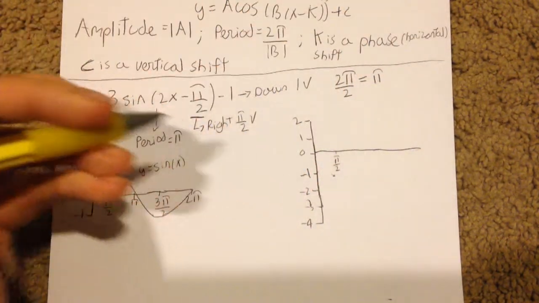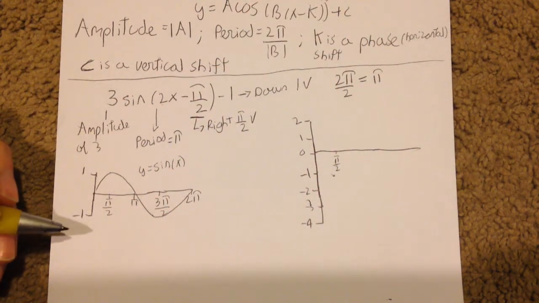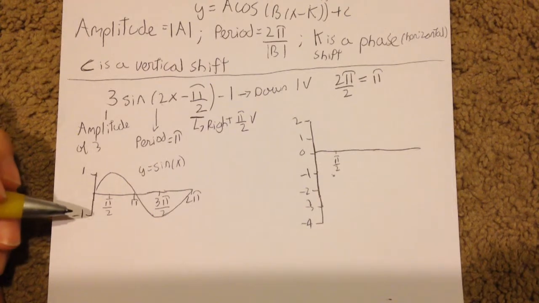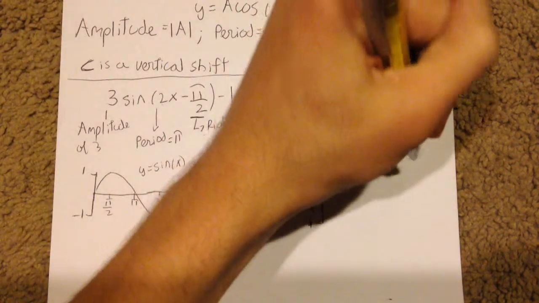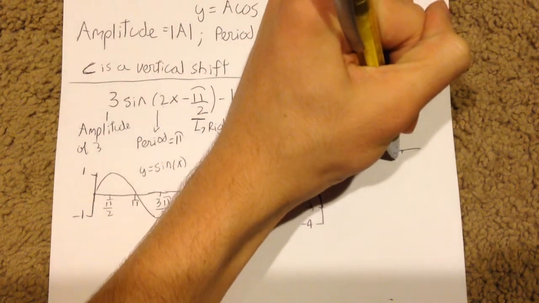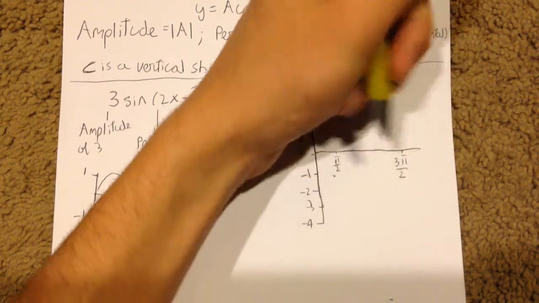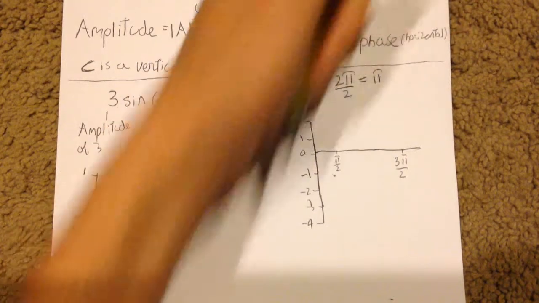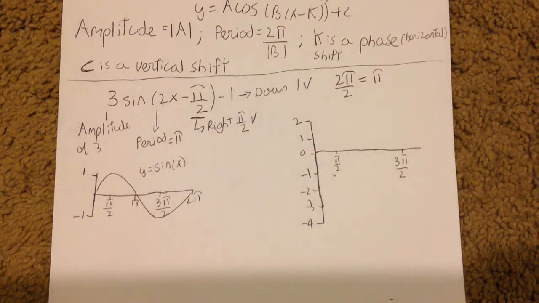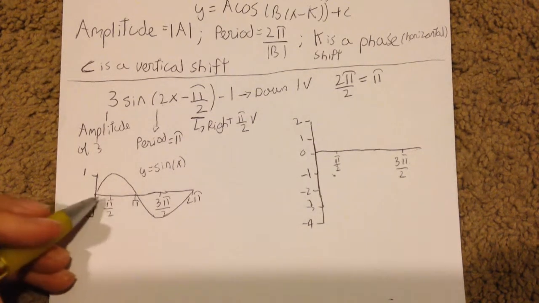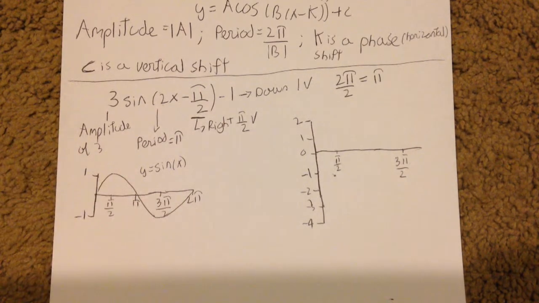So we're going to start at pi over 2, and pi over 2 plus pi is going to be 3 pi over 2. Then we're going to place our 4 points so we know where to graph it.